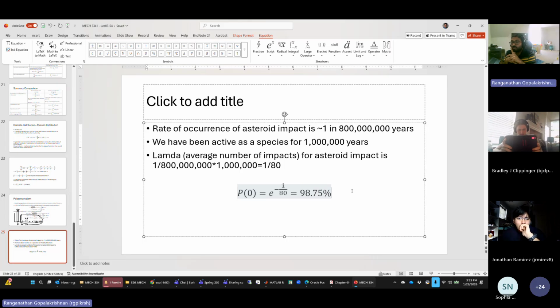Okay. But of course, if you want to compute what's the probability that there will be exactly one impact, is the answer 0? Can you say for sure there is no chance that there will be an asteroid impact?